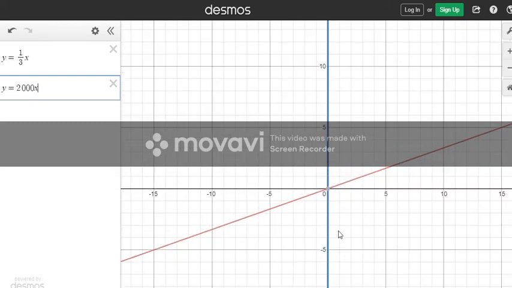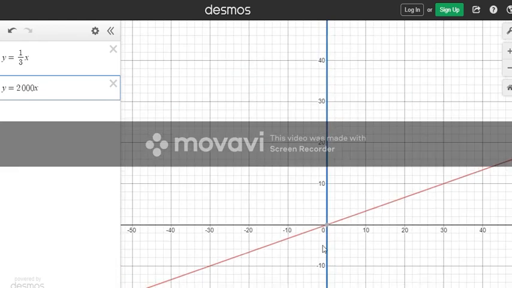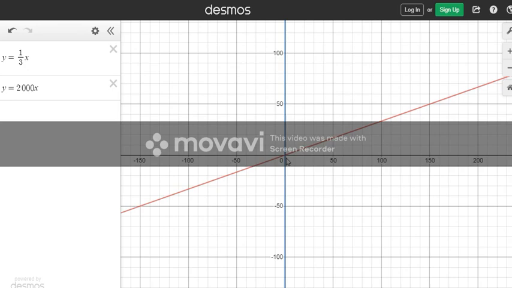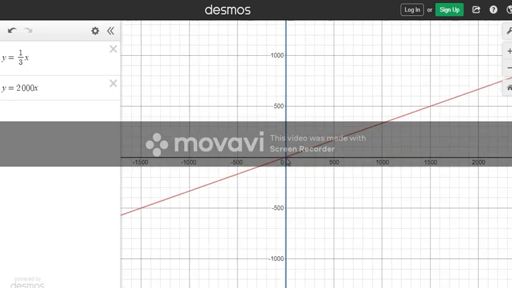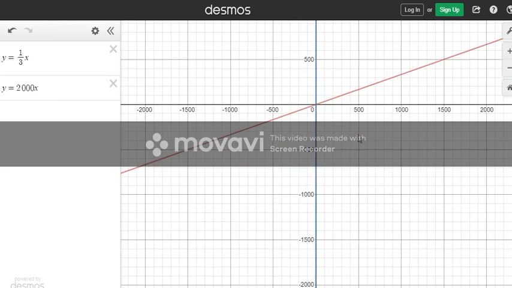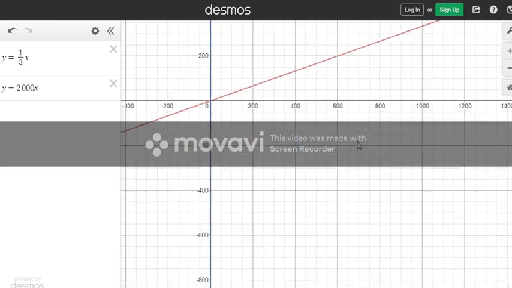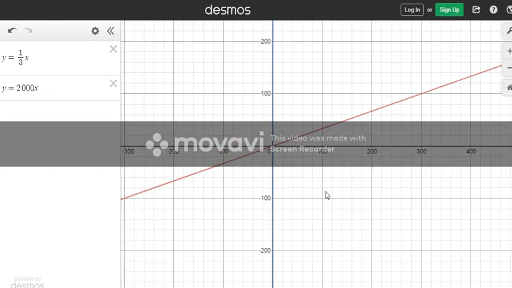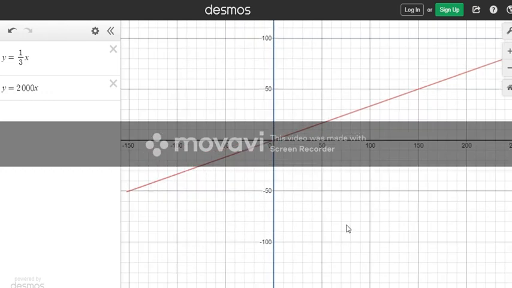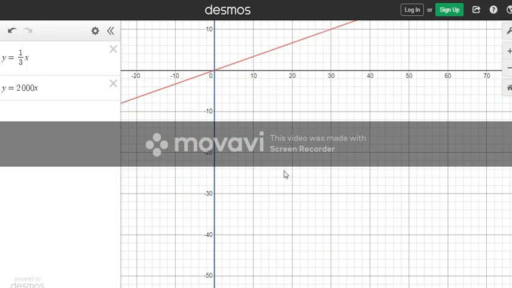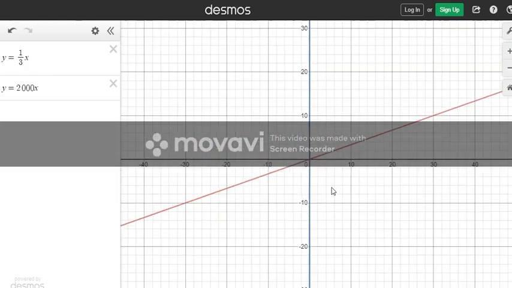Say we zoomed out a lot. Still very hard to see, but if you zoomed out all the way, you could see that it's just barely not straight. It just shows that the greater your slope is, the more closely it looks like a line.